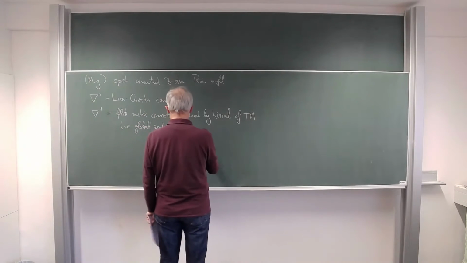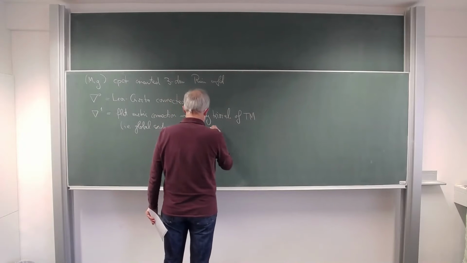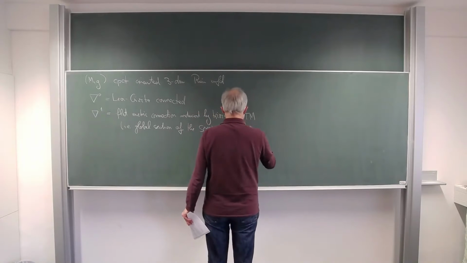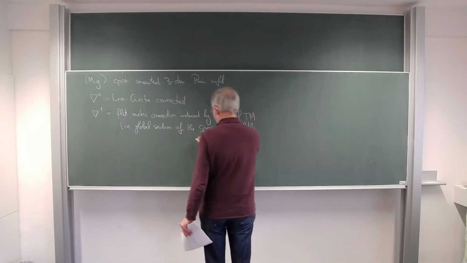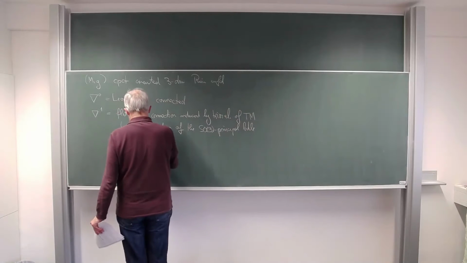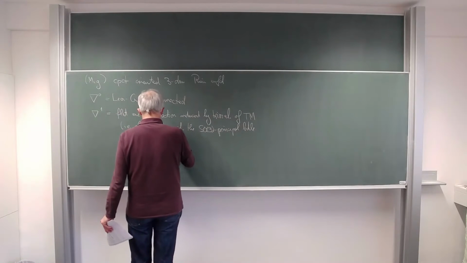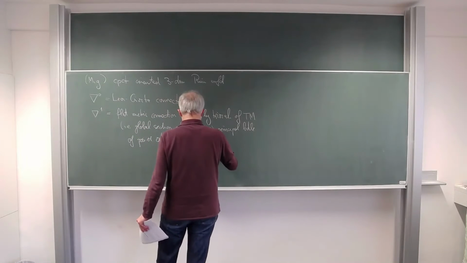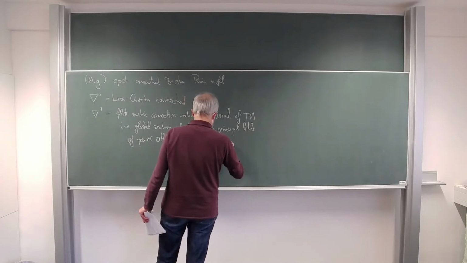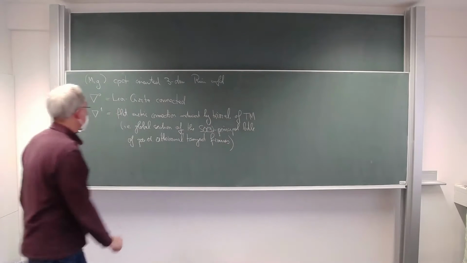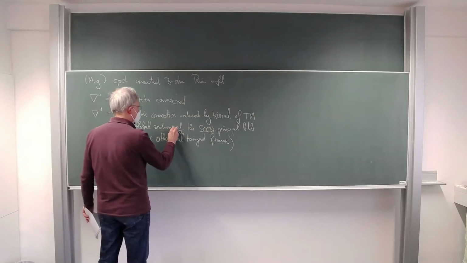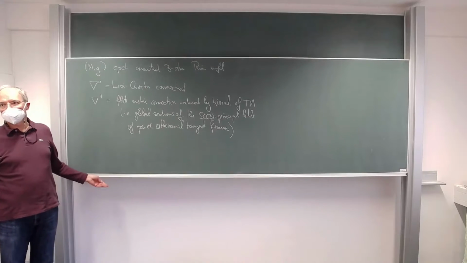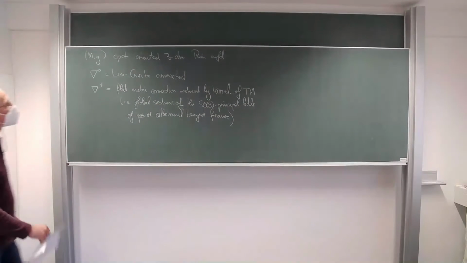It is a section of the SO(3) principal bundle of positively oriented orthonormal tangent frames. And maybe I call this global section S for later reference. So this associates to each point of the manifold a positively oriented orthonormal basis.